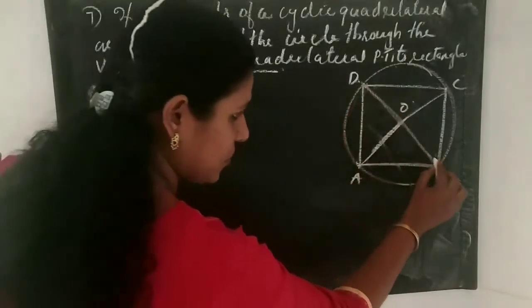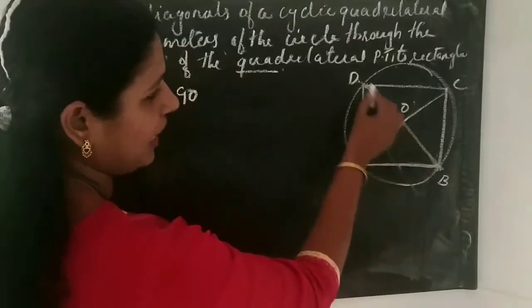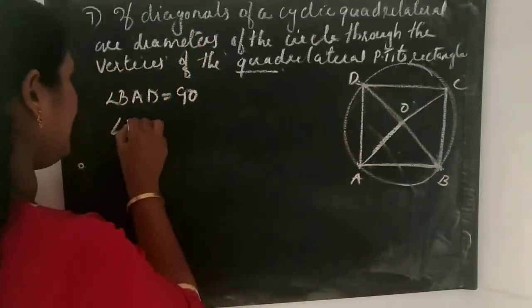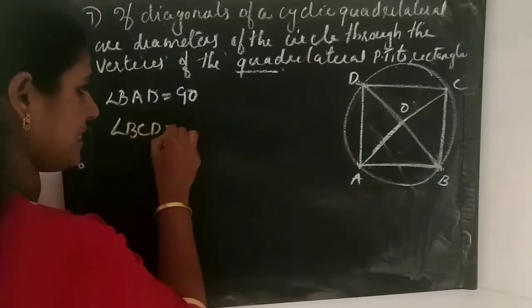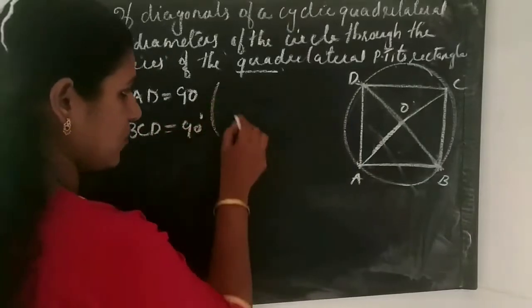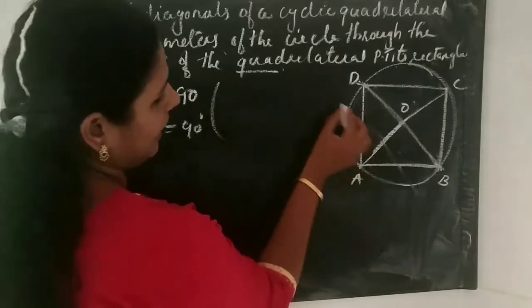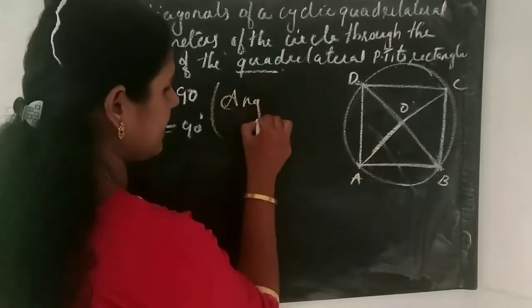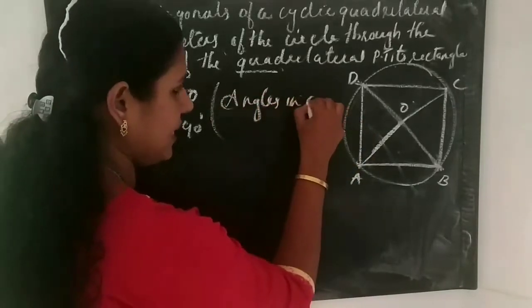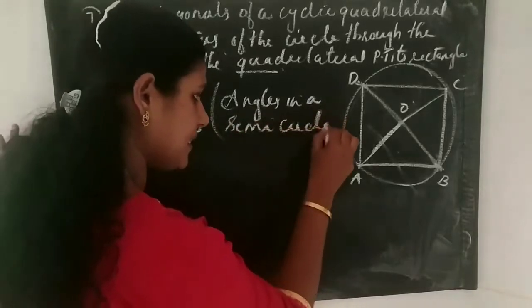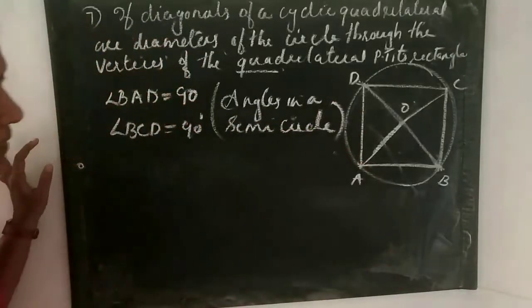Like that, BD is a diameter and angle BCD is also 90 degree because of angles in a semicircle.